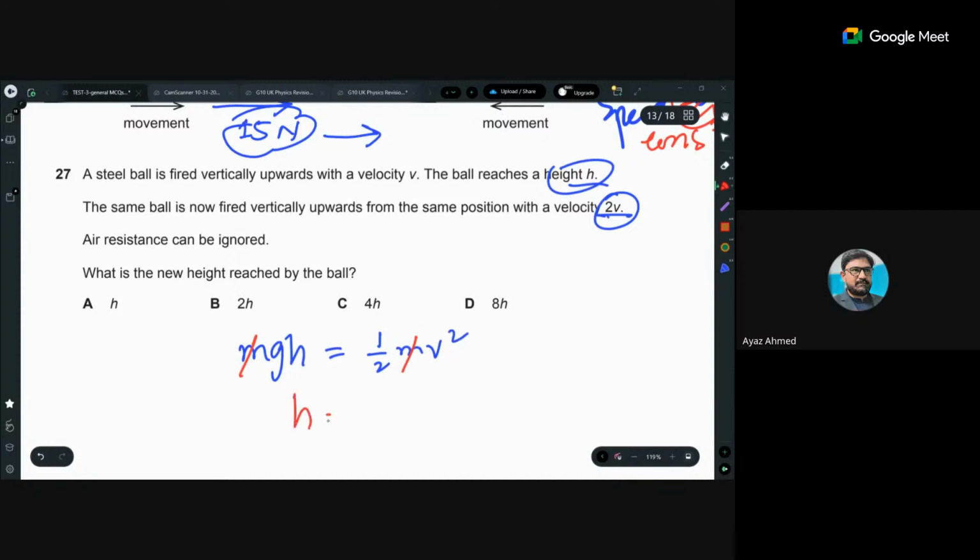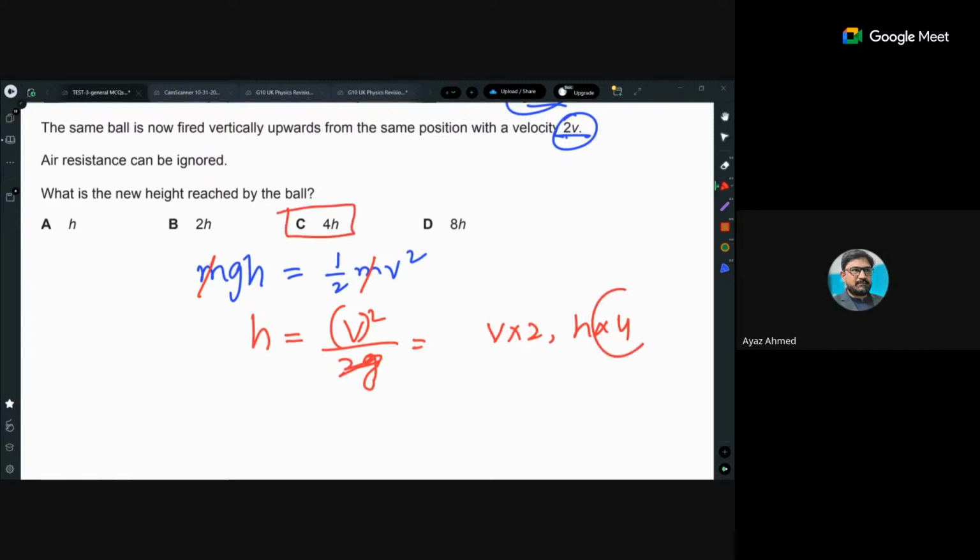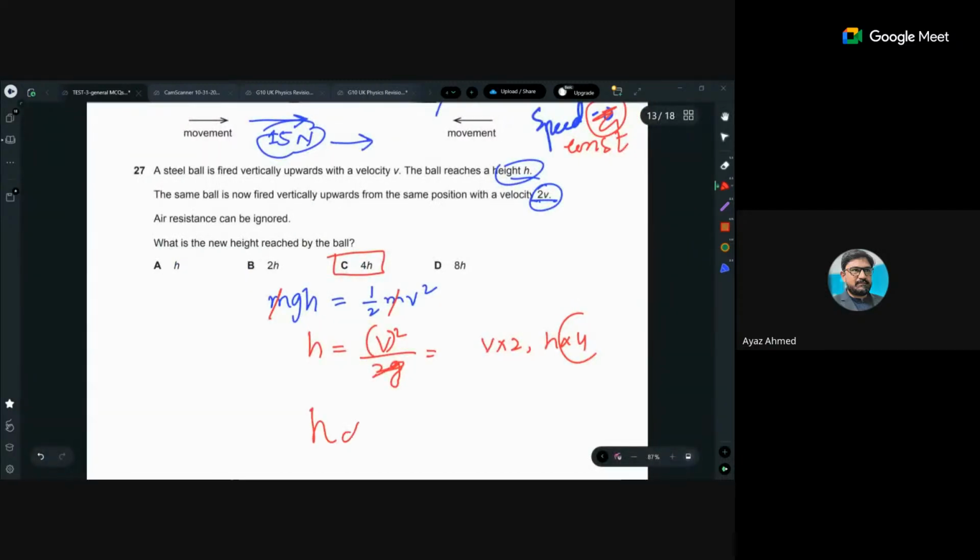So height will be equal to v squared divided by 2g. 2g is constant, so no worries. If velocity is multiplied by 2, velocity is squared, then height will be multiplied by 4. So it would reach 4 times the height, because height is directly proportional to the square of velocity. So when you multiply velocity by 2, height increases by a factor of 4. Is it clear to all?